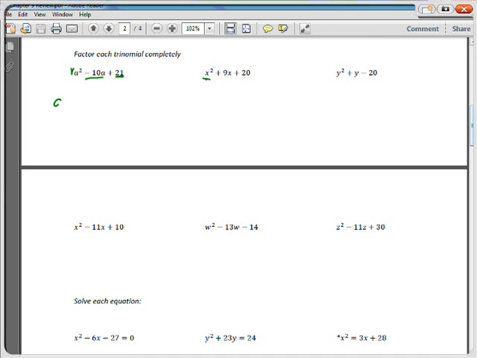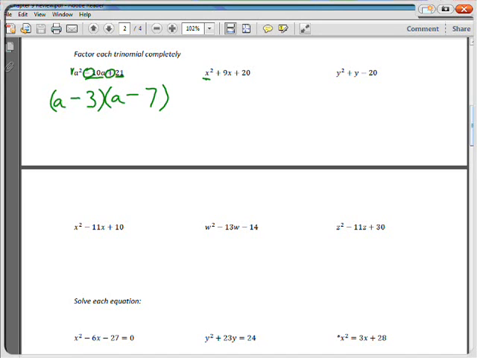So in this case I'm going to get a and a. If this is a plus, that means both of my signs are going to be the same. If this is a minus, that means they're both going to be minus. So I've got a minus times a minus, and two numbers when I multiply them equal a positive 21, but when I add them equal a negative 10, will be a negative 3 and a negative 7.